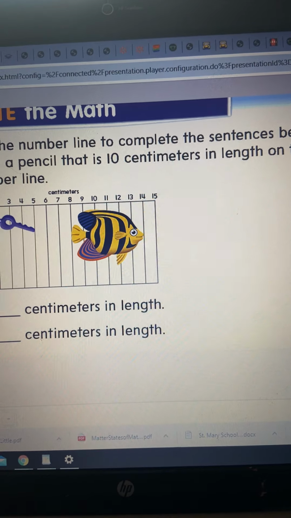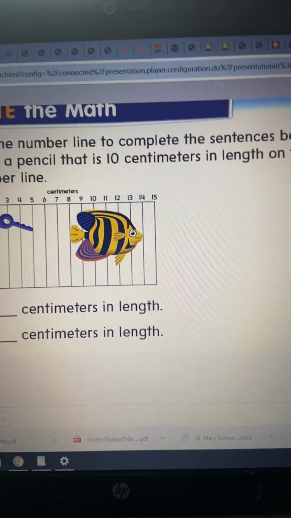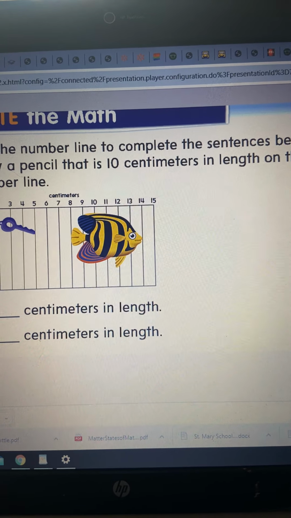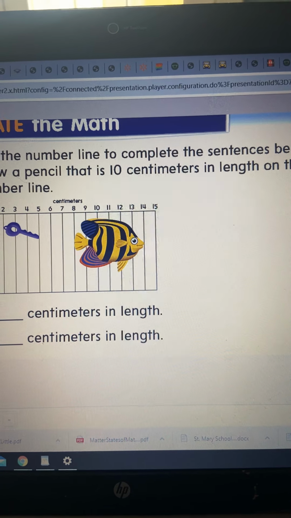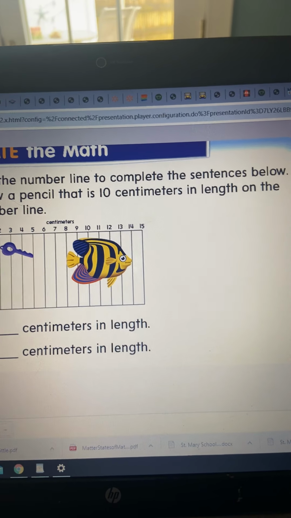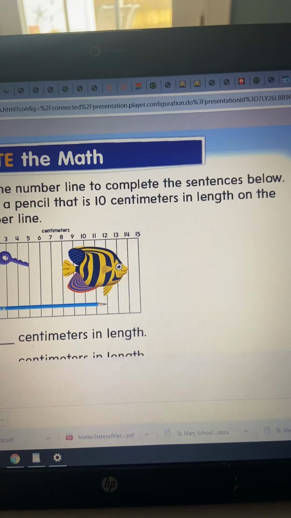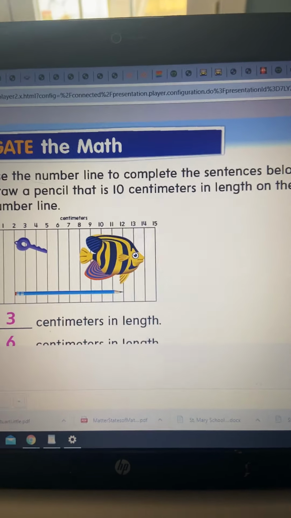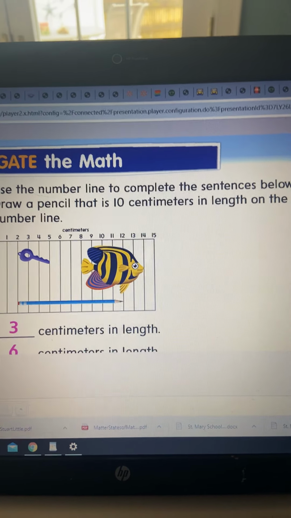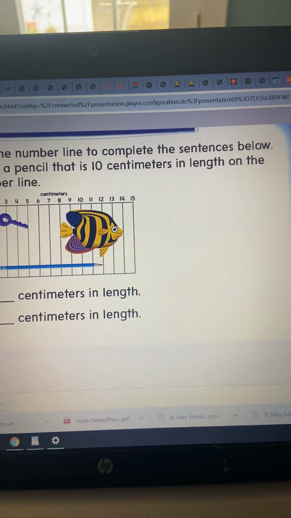And again, you have to find the difference between those two numbers to see how long a fish is. So 14 minus 8. So think about that for a minute. Get your answers. And there you go. 3 is the key, and 6 centimeters is the fish.